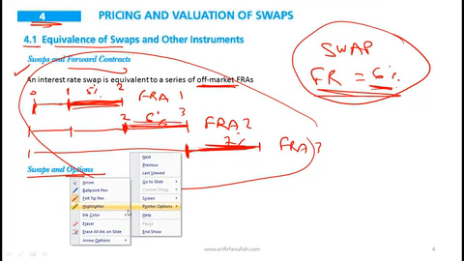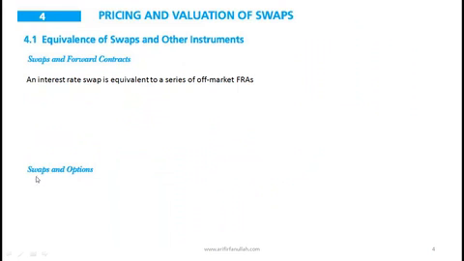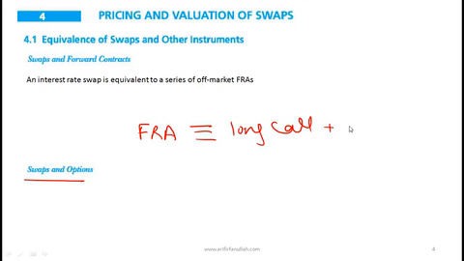The next is the similarity between swaps and options. So what do you think we need to do here? Swaps and options. How can they be similar? Again, recall from level 1 that a forward rate agreement is equivalent to a long call plus a short put. How many people remember this?